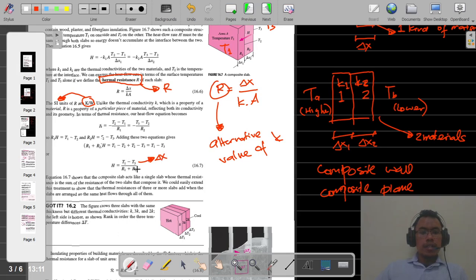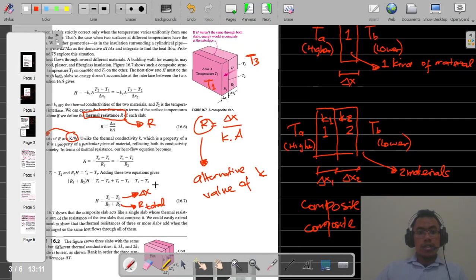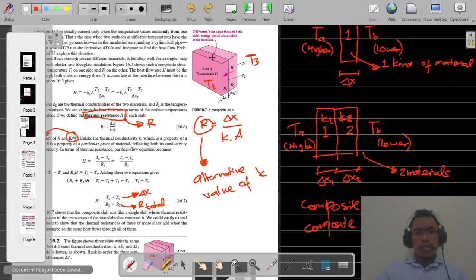This is the R total, because we have two materials here: this is K1 and this is K2. K1 will be alternated with R1, and K2 is also changed with R2.